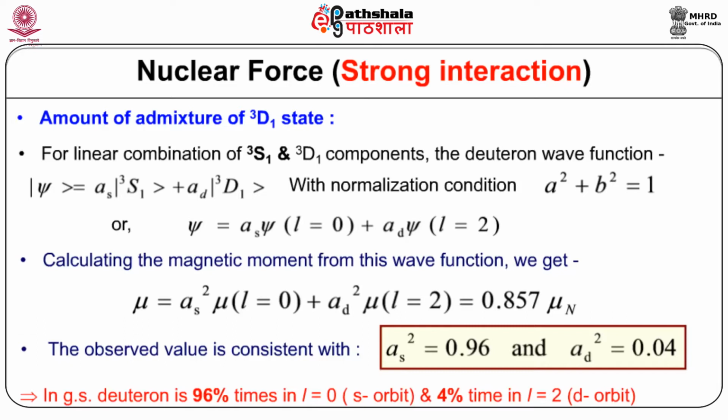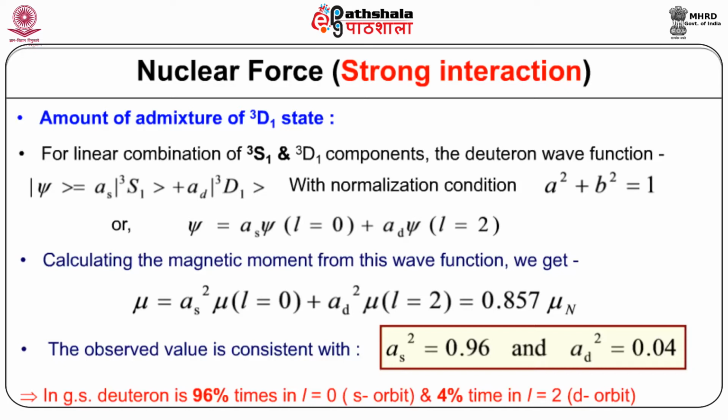Calculating the magnetic moment from this wave function, because we know the magnetic moment is given by mu equal to the expectation value of mu z, that is psi mu z psi, in the state when m is equal to I, we get mu is equal to as squared mu(L=0) plus ad squared mu(L=2), which is equal to 0.857 mu n. The observed value is consistent with as squared equal to 0.96 and ad squared equal to 0.04.